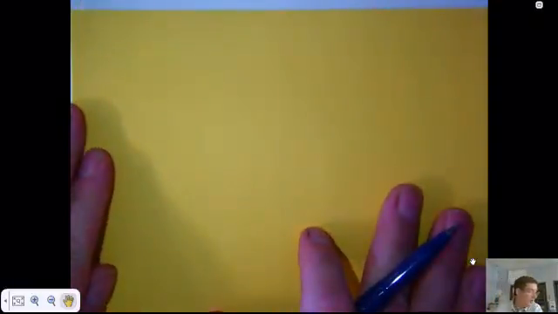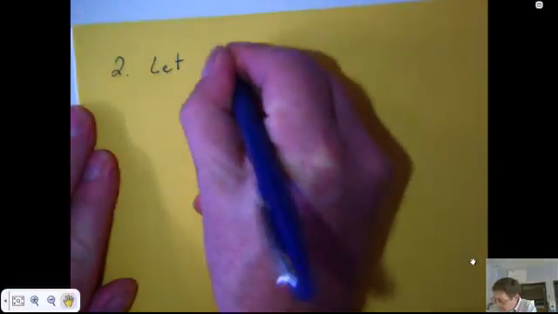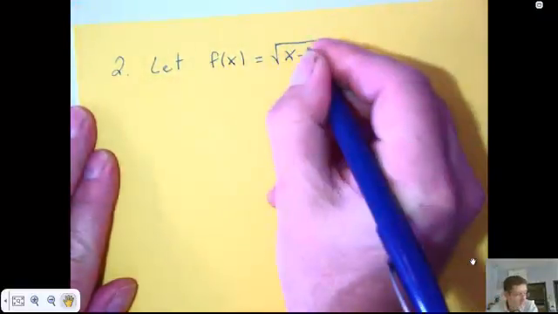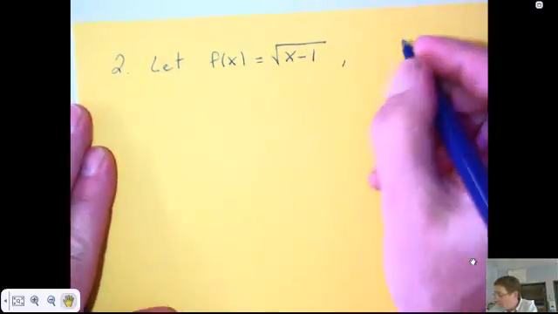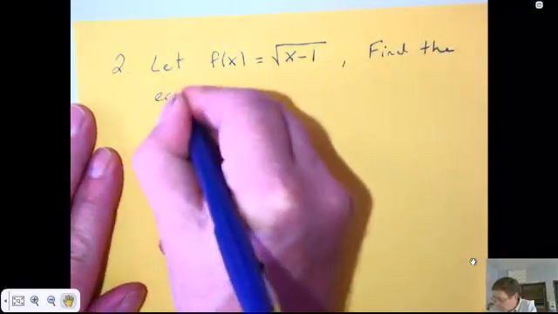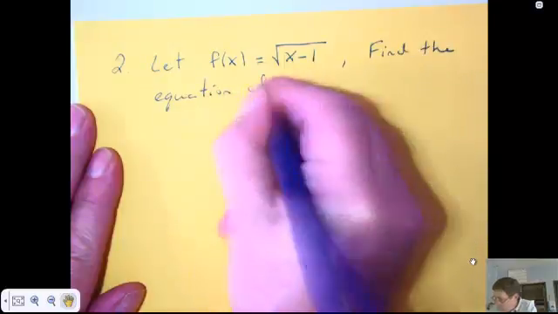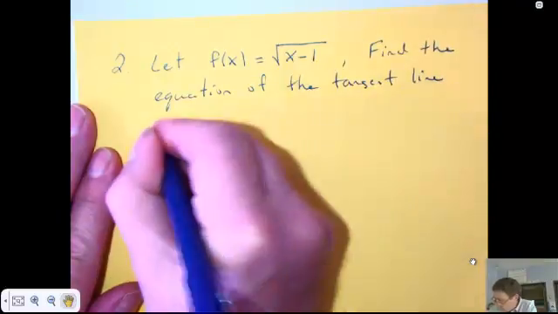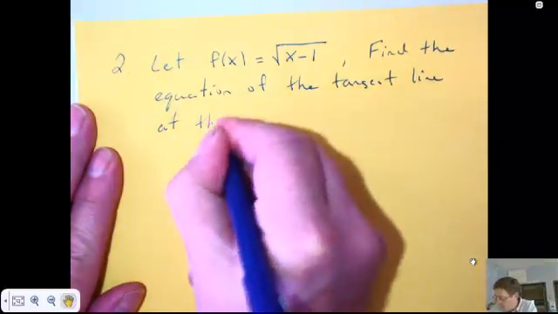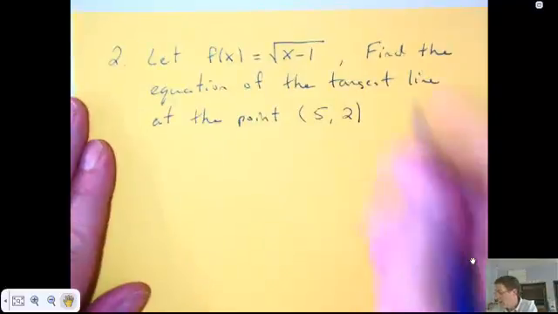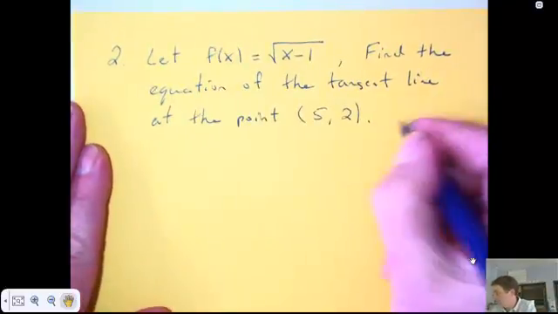So the example this time, this is number 2, we're going to let f of x equal the square root of x minus 1, and I want to find the equation of the tangent line at the point 5, 2. And again, we're answering in slope-intercept form.